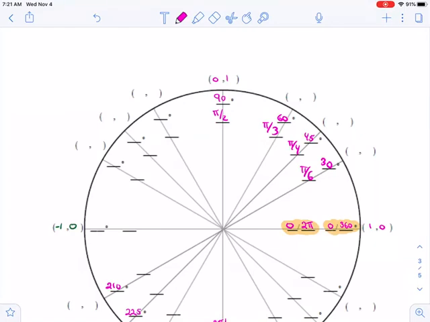Then along the outside, these are going to be basically the sides of my special right triangles, or the coordinates of those once they intersect. So we can get those directly from our warm-up.